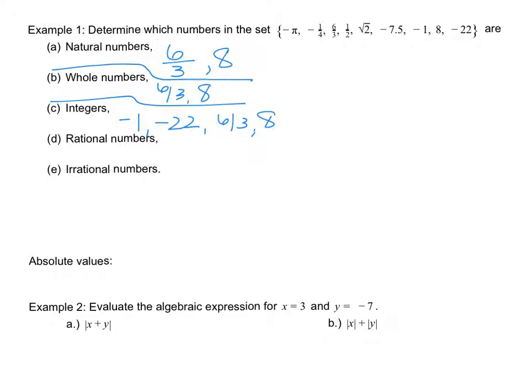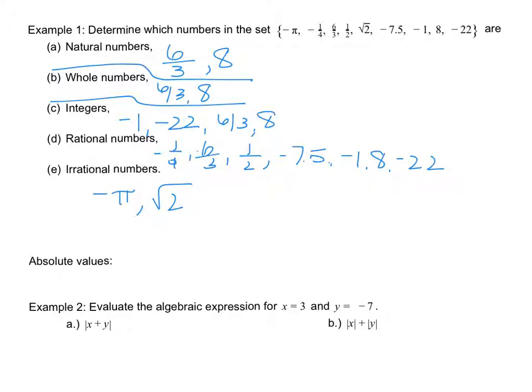So let's say we keep our -1/4, 6/3, 1/2, -7.5, -1, 8, and -22. And finally, irrational is going to be the ones that don't terminate and don't repeat. So -pi and the square root of 2.